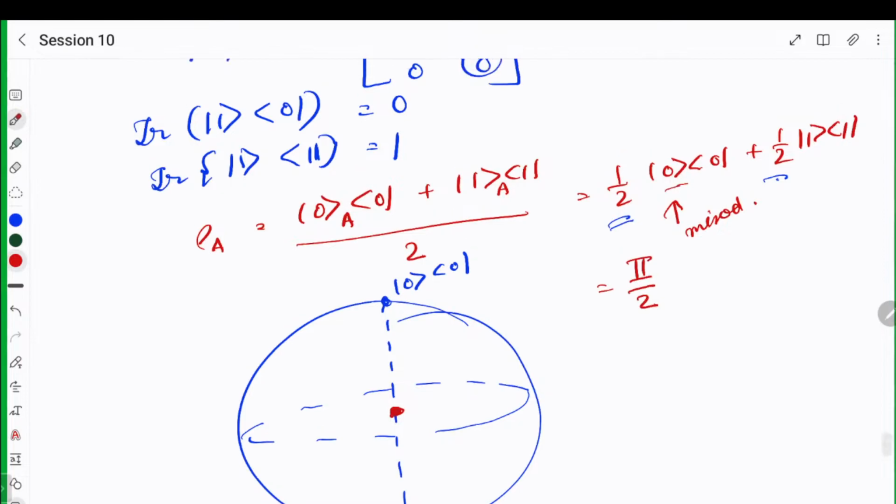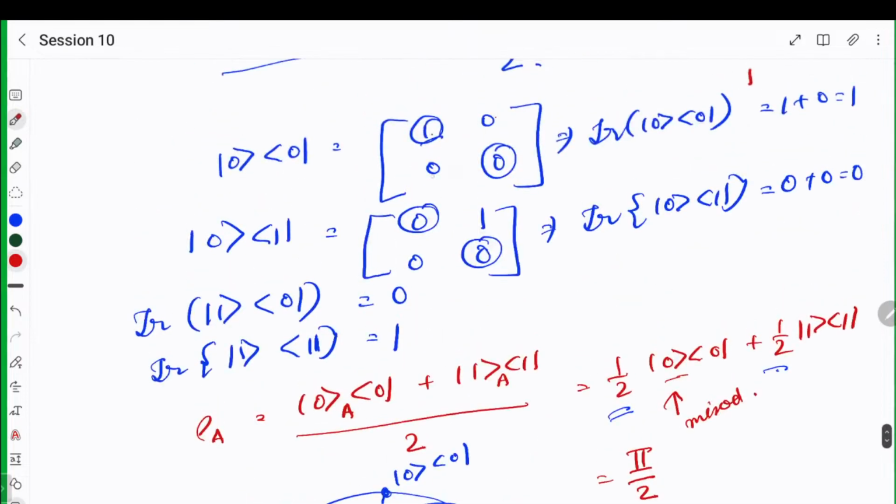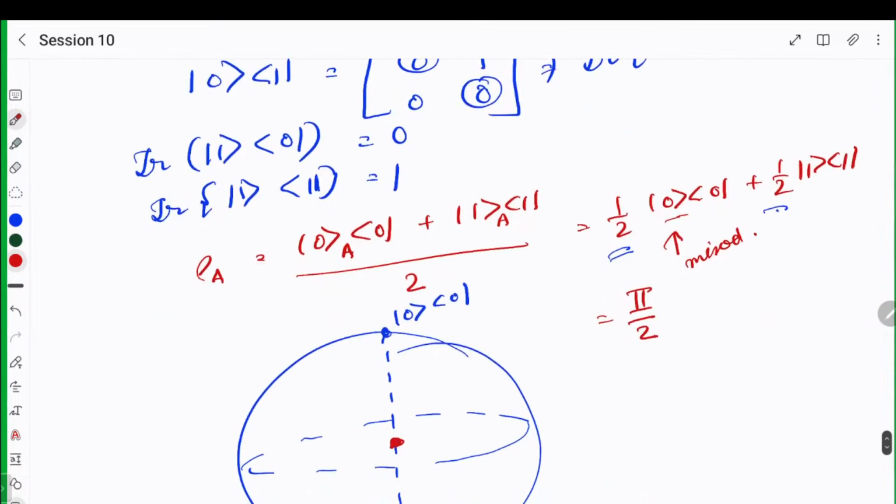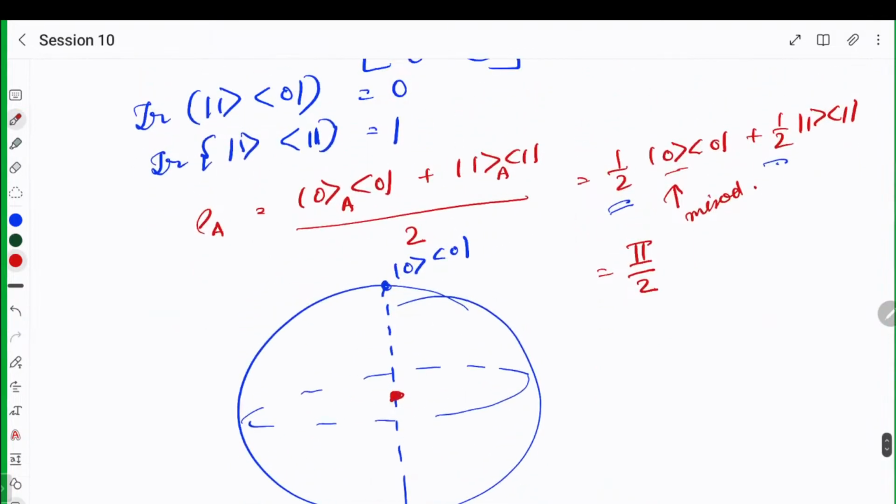If you calculate, |0><0| is 1, 0, 0, 0, and if you do |1><1|, then there will be a 1 here. On adding, you will get I by 2. All right. So, in fact, you not only get a mixed state, but you get the maximally mixed state.